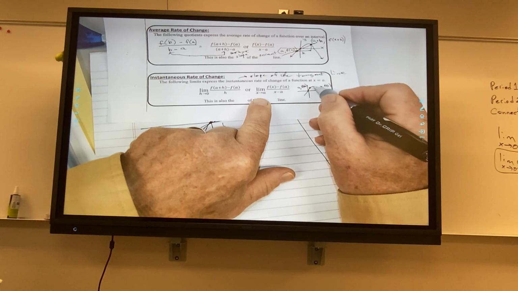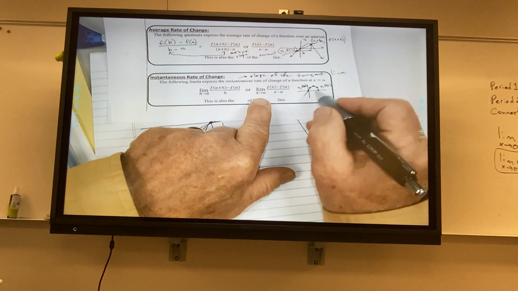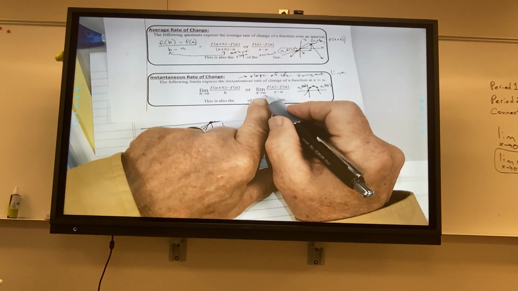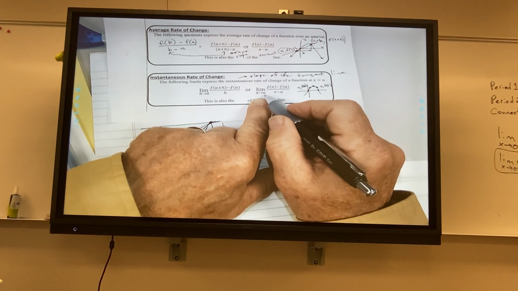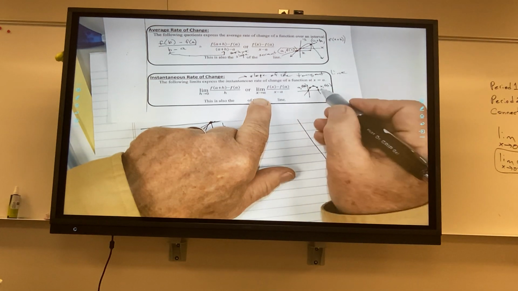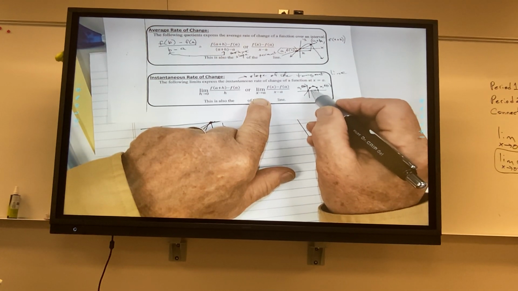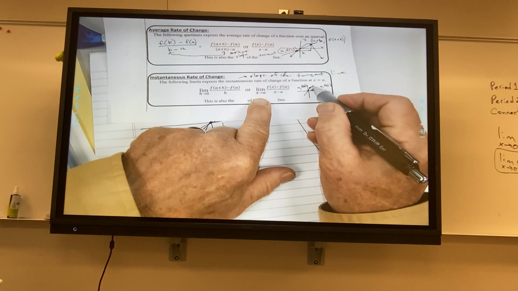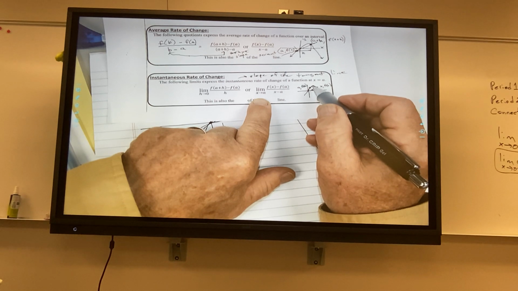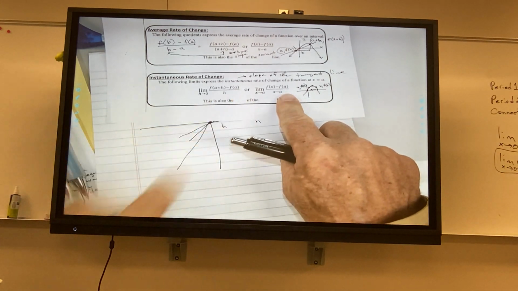When I move that point in that direction, x is starting to move towards a. The distance between them gets smaller. Does that make sense? It's the same idea. As x moves in this direction, f of x is moving towards f of a, isn't it? Right?